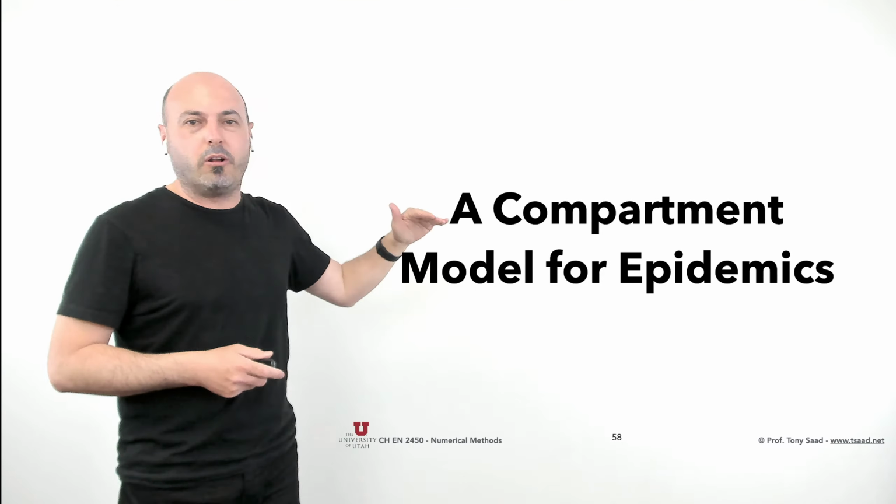In a population where there is a disease being spread, there are three populations. You can think of more populations, but at least there are three. There's the population of susceptibles, those of us who have not been sick yet. There's the population of those who are infected and are carrying the virus around.